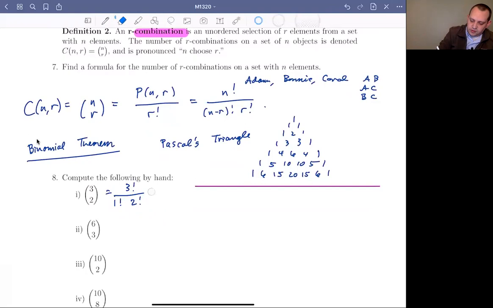And 3 factorial is 3 times 2 times 1. 1 factorial is just 1. 2 factorial is 2 times 1. And altogether, this is going to be 6 over 2, which will give you 3 as your answer. So 3 choose 2 is 3. And that's consistent with what we found. If we have 3 people and we want to choose teams of 2 people, there's 3 ways to do that.